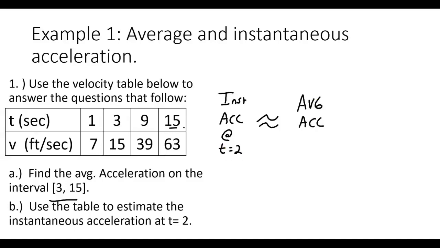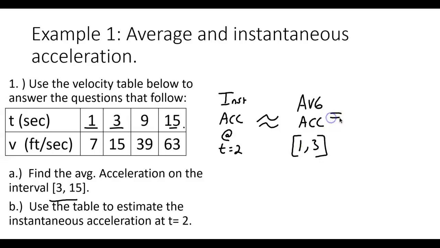So what two time values are closest to t equals 2? Well, that would be 1 and 3, right? So my instantaneous acceleration at t equals 2 is going to be approximately equal to the average acceleration that takes place on the time interval from 1 to 3.